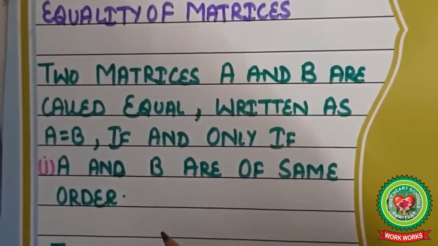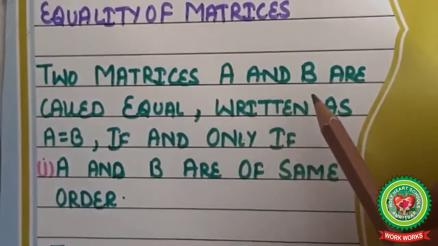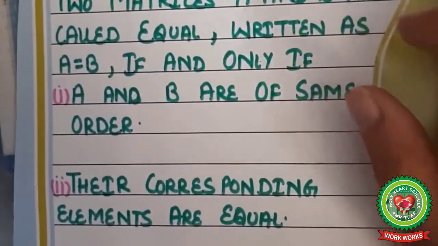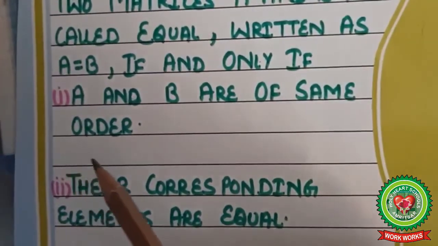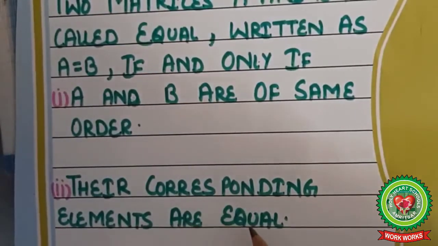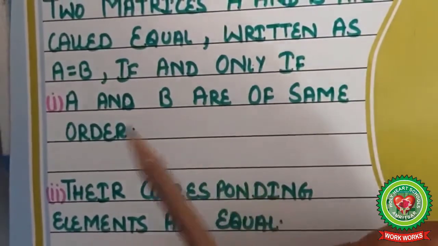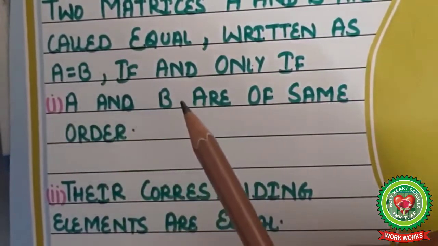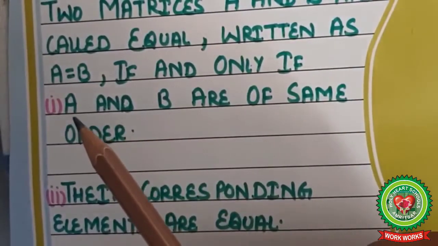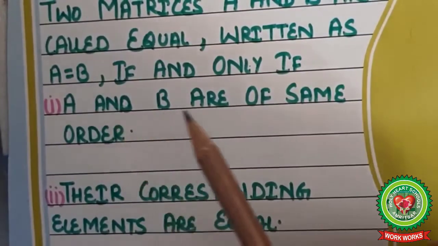Means their order should be the same. The order of A and the order of B should be equal. Now, the second point is their corresponding elements are equal. Means the first element of the first matrix should be equal to the first element of the second matrix. Similarly, the second element of this should be equal to the second element of this, and so on.